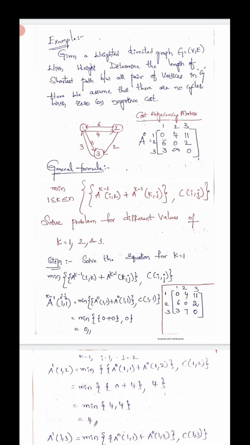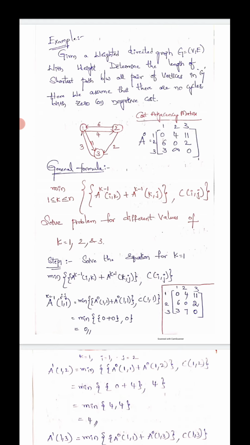The general formula of the all pairs shortest path problem using dynamic programming is a very important formula. All of you listen carefully. Minimum over 1 less than or equal to k less than or equal to n of A power k minus 1 of (i, k) plus A power k minus 1 of (k, j), comma, C of (i, j).